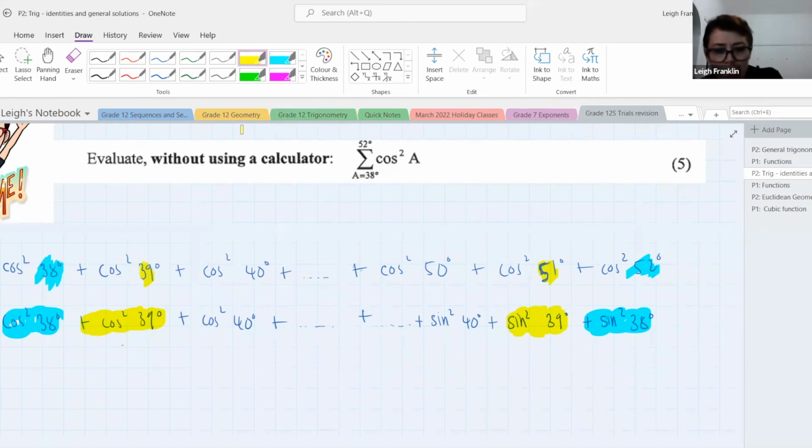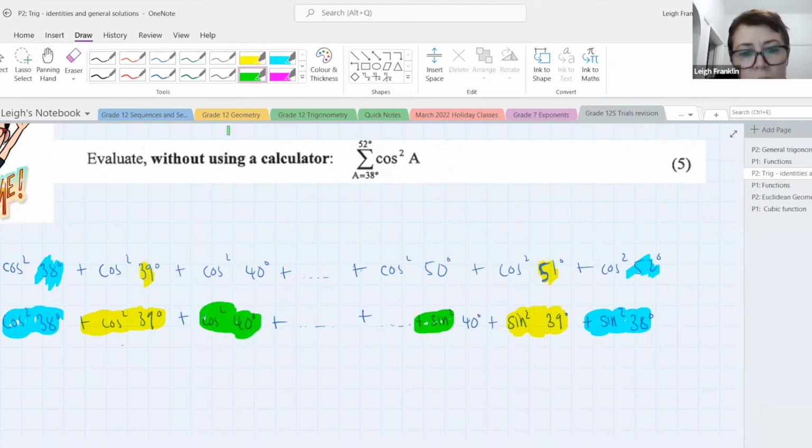And so on we would go. Same story when we get to cos squared 40 plus sine squared 40, that would also be equal to 1. So now we're working our way back to the middle with all these ones. How many ones are we going to have, and what's in the middle?